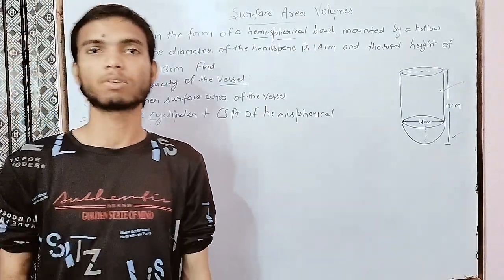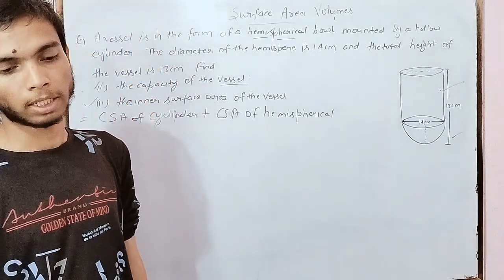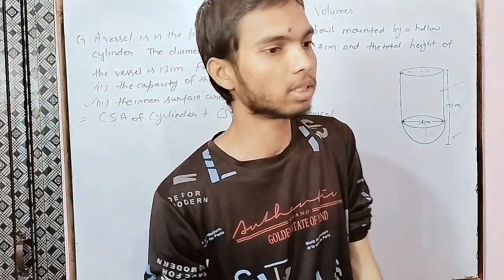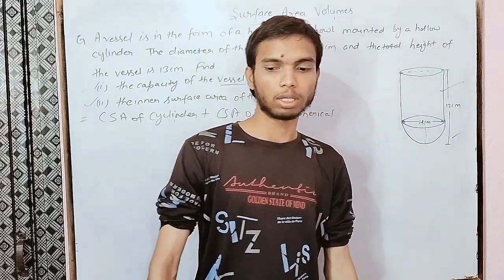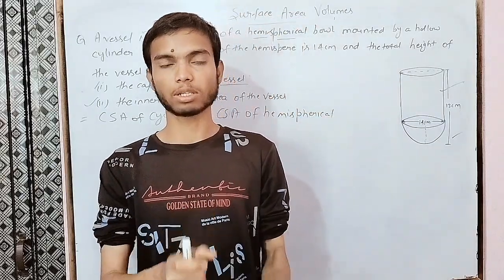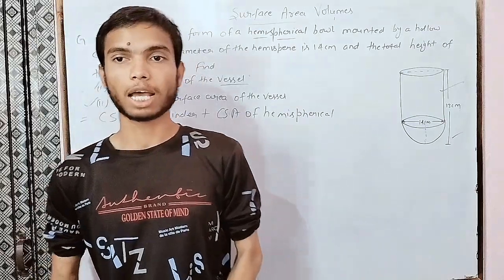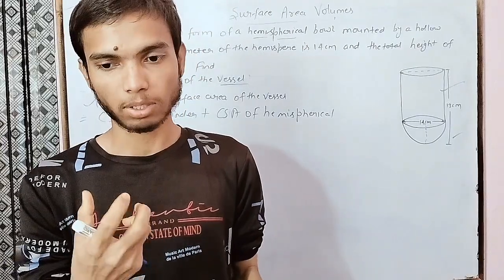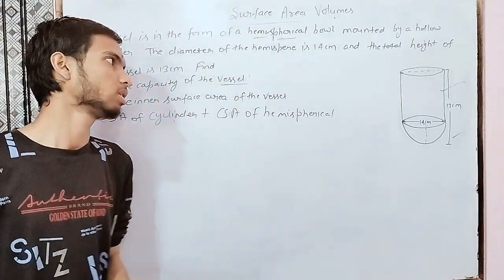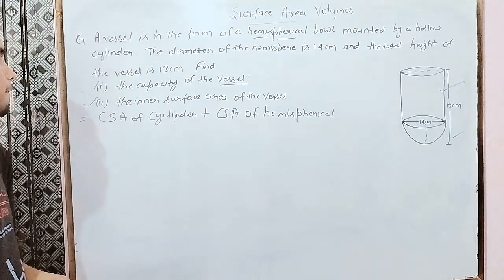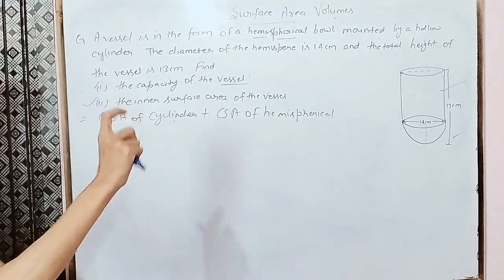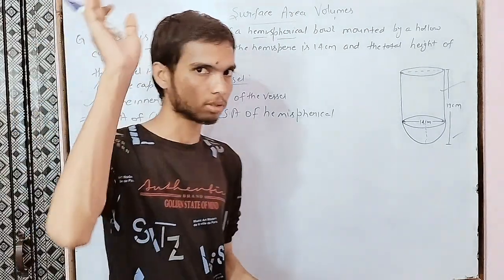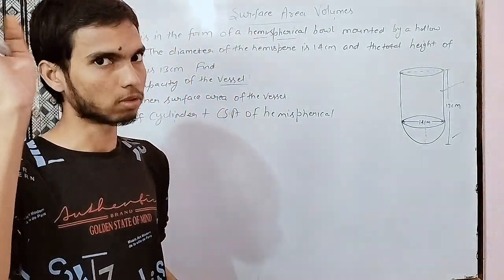We will have to understand the meaning of capacity. The meaning of capacity is just volume. It is asking what is the capacity of a vessel, in which something can be put. So capacity is just volume, and it is not saying find the capacity of a cylinder or a hemisphere.